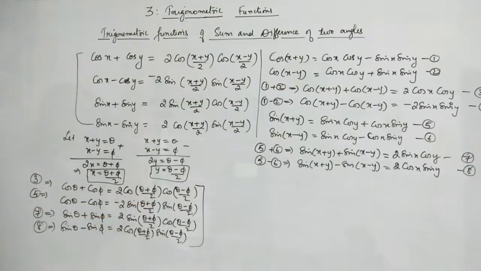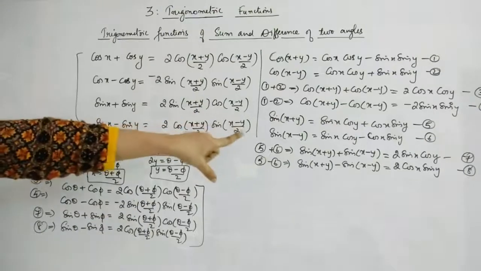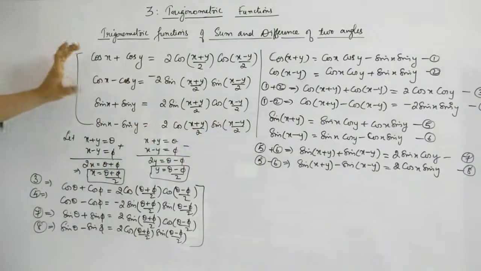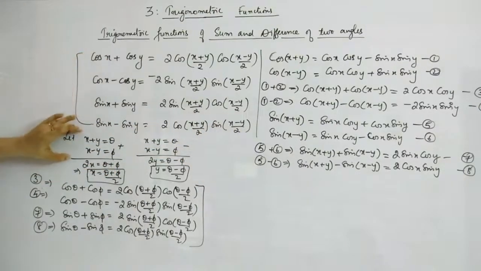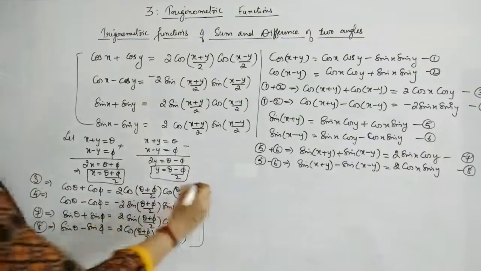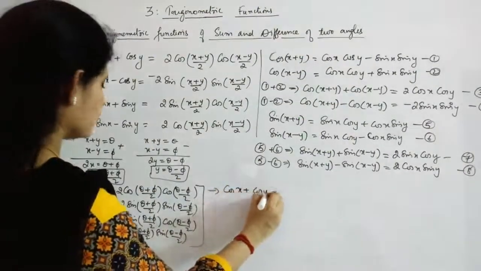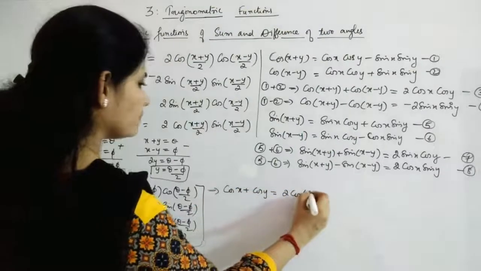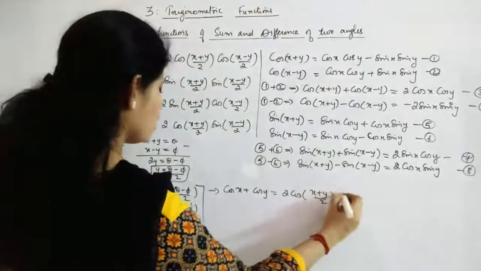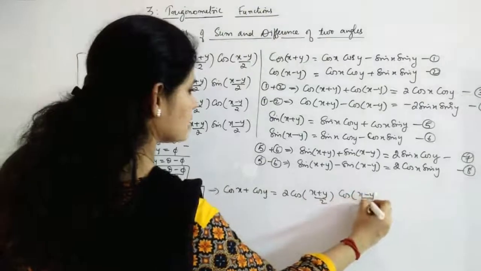Theta and phi were just certain real numbers, used only to write those in this form. That means we can replace theta and phi with x and y, so that we get cos x plus cos y is equal to 2 cos of (x plus y) by 2 times cos of (x minus y) by 2.